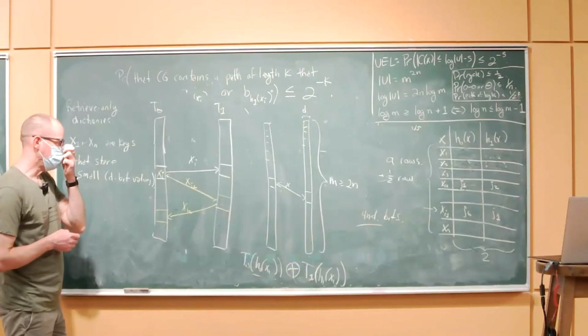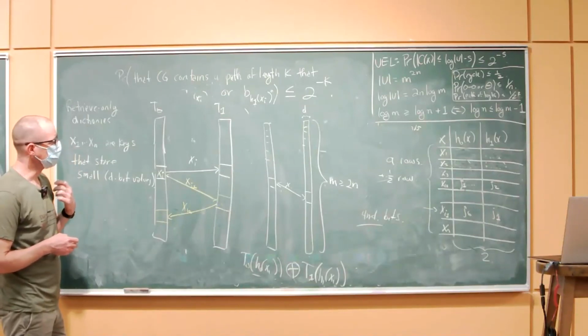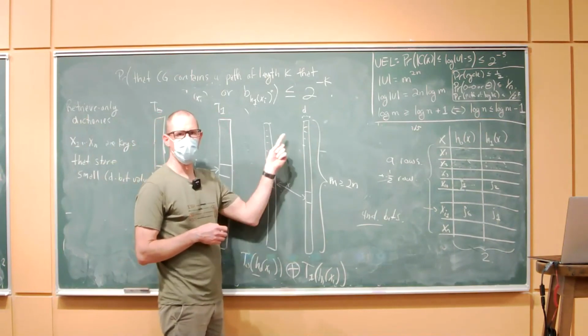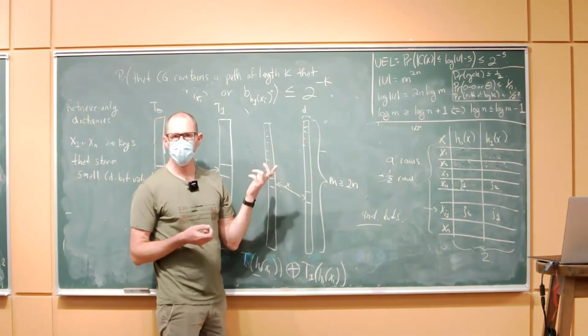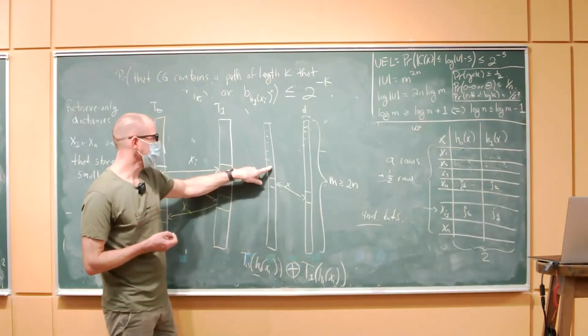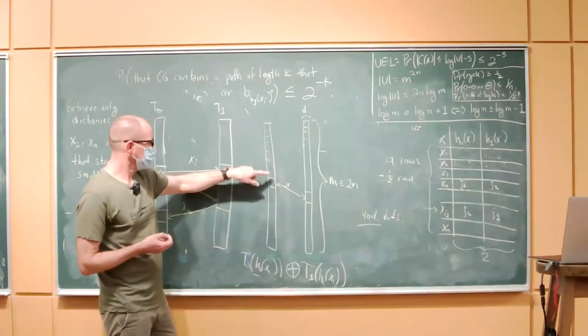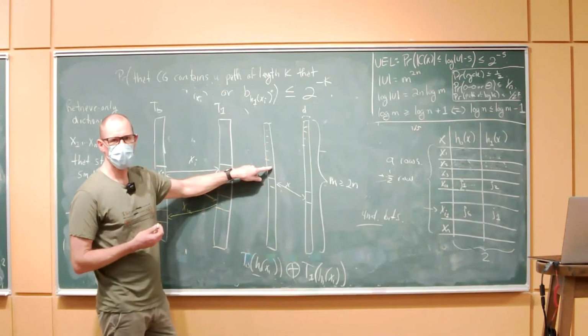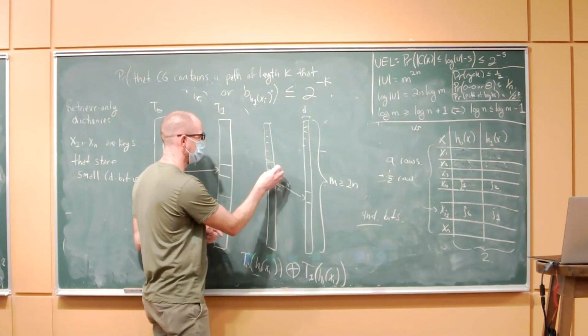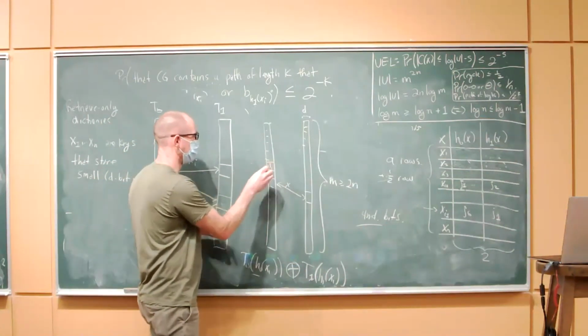Well, if you think about it for a little bit, you'll realize that as long as there are no cycles in the cuckoo graph, it's actually easy. For any component, you just pick something in that component, put the value that you want to store there. So this would be, let's say, the data for xi.